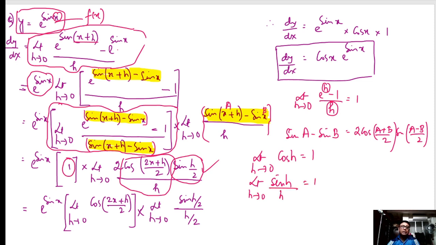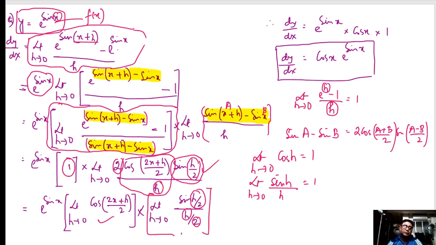So let us now take the limit. This is the cos part and this is the sine part. The angle of the sine is h by 2, so we have to write the same angle at the bottom. So here is the h, and here is the 2 which has come down. We don't have to adjust anything with this part.